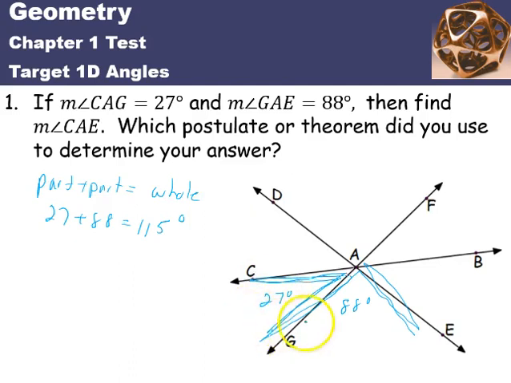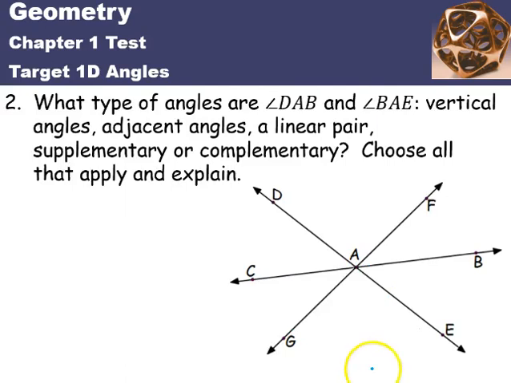Okay, and these angles are also, and we're going to use this in a second, a linear pair, because they have a shared side, this is that really dark side, and a shared vertex, angle A. So they're a linear pair. Sorry, not linear pair, they're adjacent angles, because they have a shared side and a shared vertex. Those are adjacent angles.